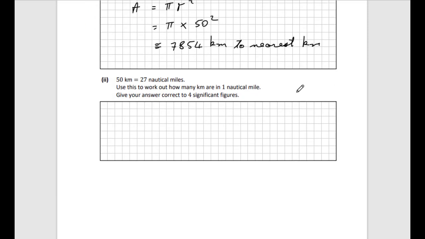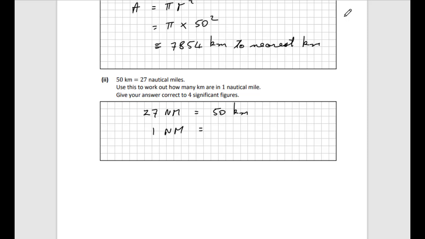50 kilometers is equal to 27 nautical miles. Use this to work out how many kilometers are in 1 nautical mile. Okay, so we're looking actually for kilometers, so put kilometers on the right hand side. So we have 27 nautical miles is equal to 50 kilometers. So 1 nautical mile then is, how do you go from 27 to 1?